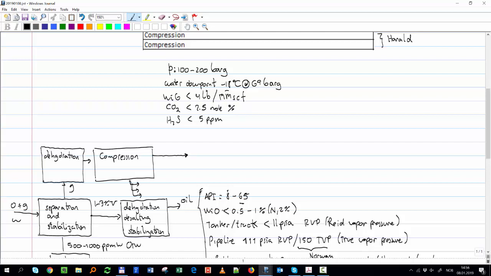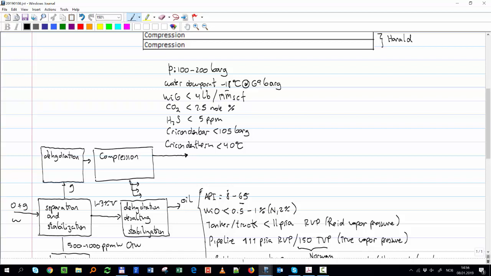And here, I'm going to throw an ugly name at you. The cricondentherm and cricondenbar: the cricondenbar has to be less than 105 bar G, and the cricondentherm has to be less than 40 C. How many of you know this word, cricondentherm, cricondenbar?